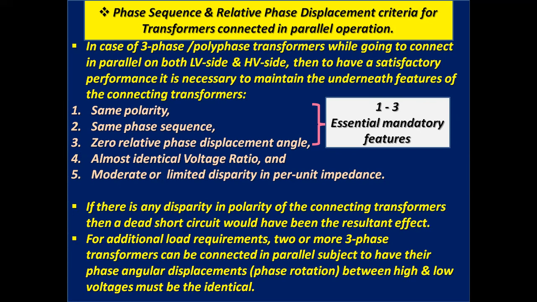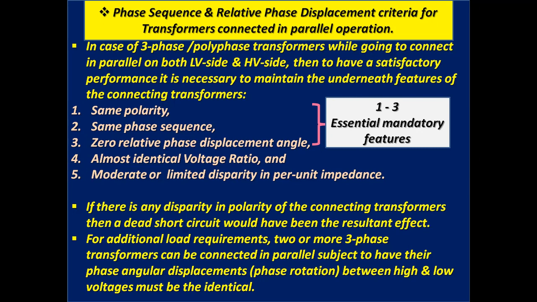First three are essential mandatory features. That is same polarity, same phase sequence, zero relative phase displacement angle. These three are the essential mandatory features. If there is any disparity in polarity of the connecting transformers, then a dead short circuit would have been the resultant effect.